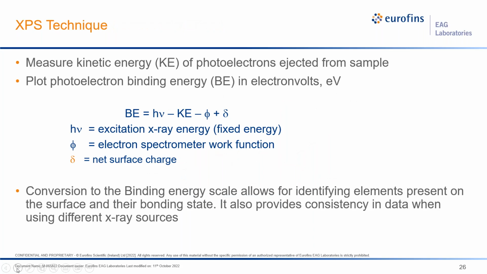In XPS, we measure kinetic energy of those photoelectrons ejected from the sample, but normally we plot signal against binding energy, which is obtained by using this simple formula. And conversion to the binding energy scale allows for identifying elements and their binding states for many elements, and also it provides consistency in data when using different X-ray sources.